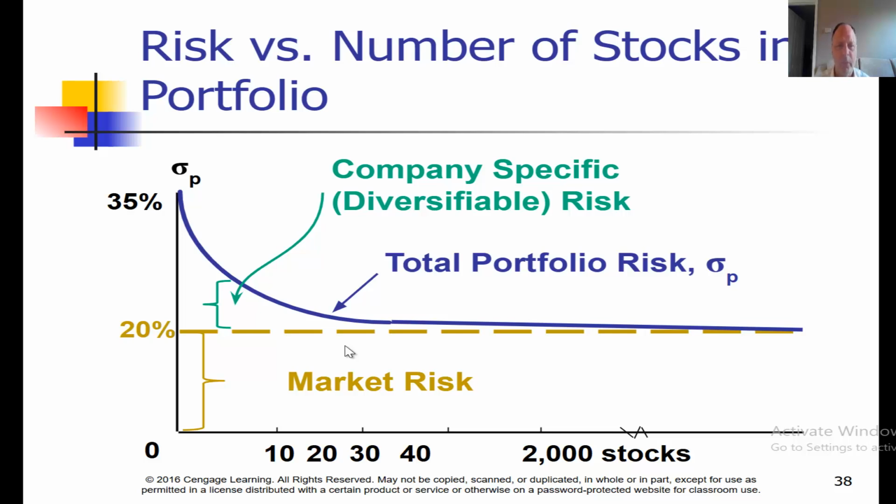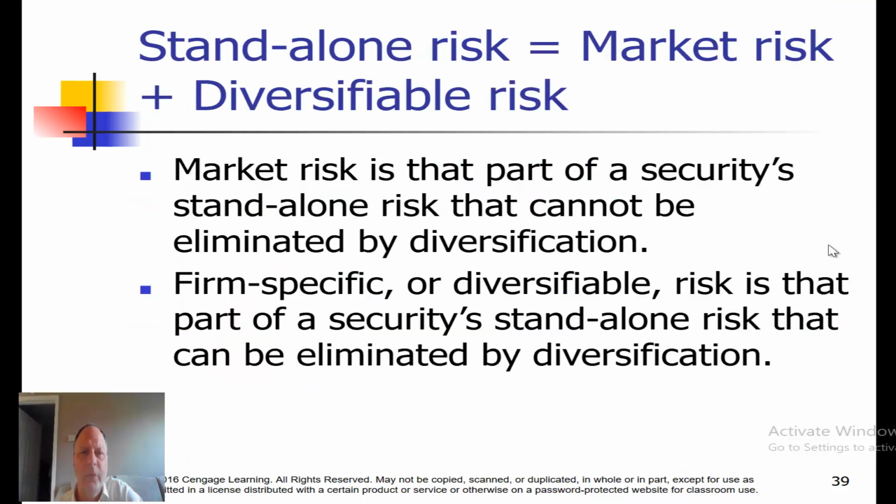After something like 30 or 40 stocks, the benefit goes down significantly, and you are left with market risk as opposed to company-specific or individual stock risk. If we consider an individual stock, its standalone risk can therefore be split into two components: the market risk, which we will later measure by beta, and the diversifiable risk. The market risk is that part of the security's standalone risk that cannot be eliminated by diversification.